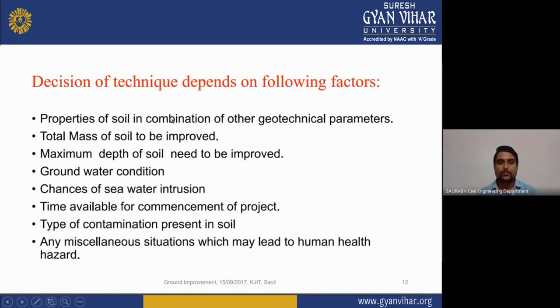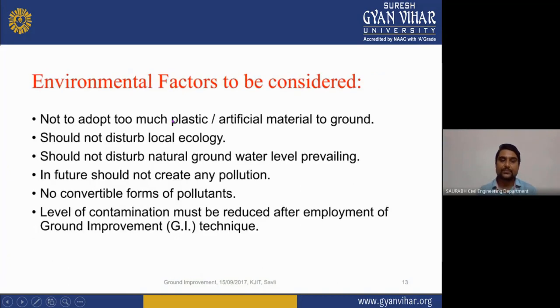Total mass of soil to be improved, maximum depth the soil needs to be improved, groundwater condition, chances of sea water intrusion, time available for the commencement of the project, type of contaminant present in the soil, any miscellaneous situation which may lead to a human health hazard.